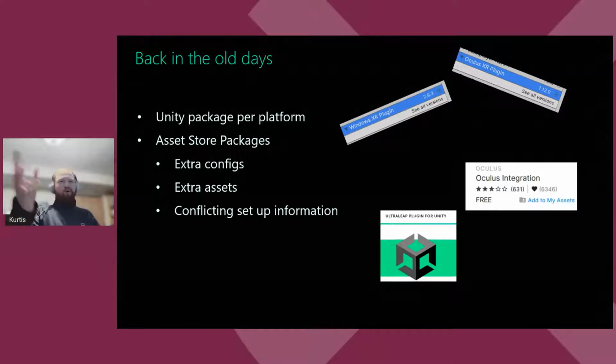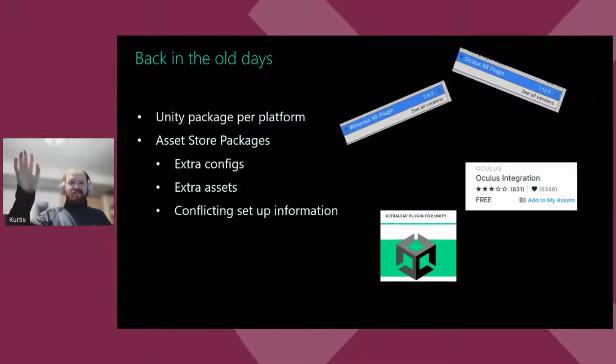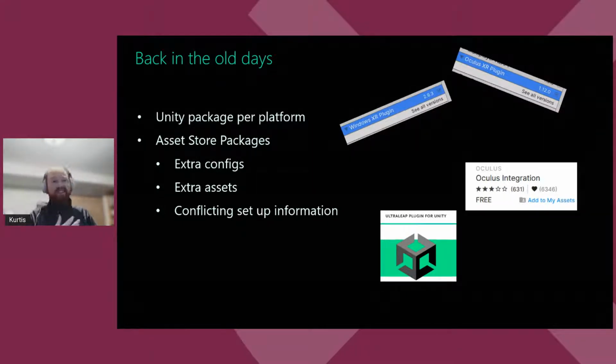You had to pull them all in and configure them differently. Sometimes one wanted some setting configured one way, another wanted another configuration. We had to do a lot of work in MRTK2 to adapt to which you imported, and if you had more than one imported, we did something different.